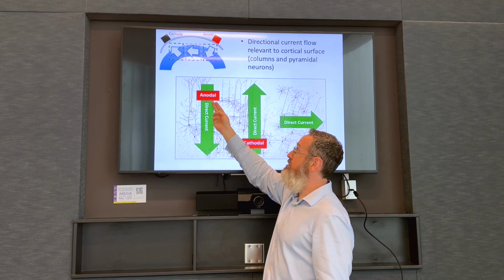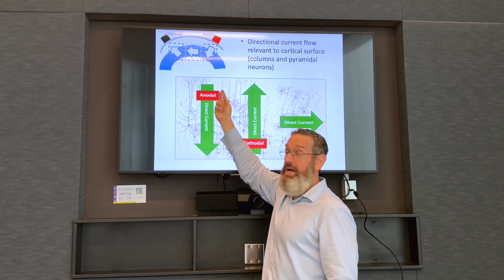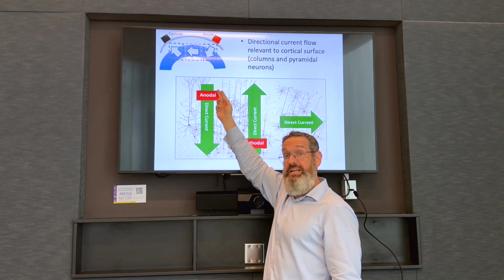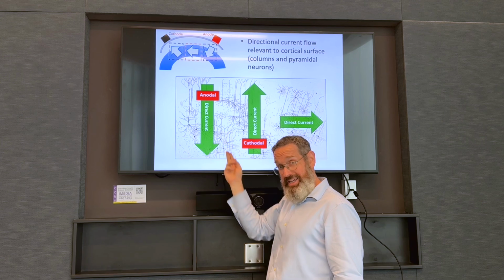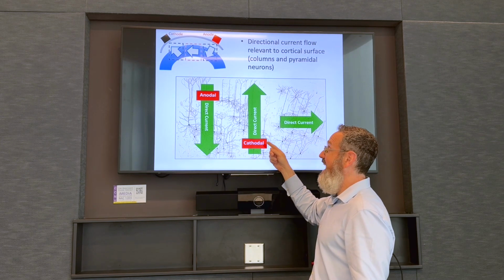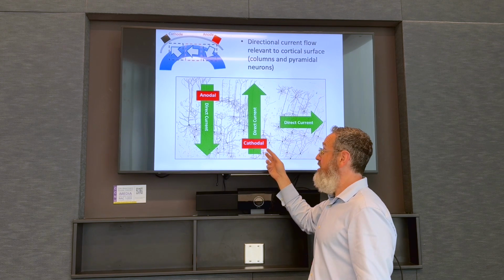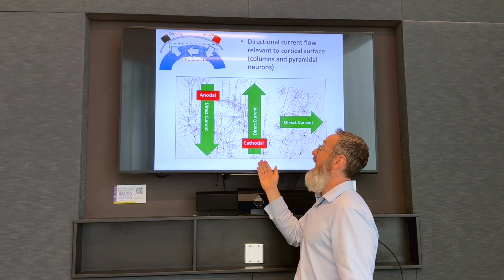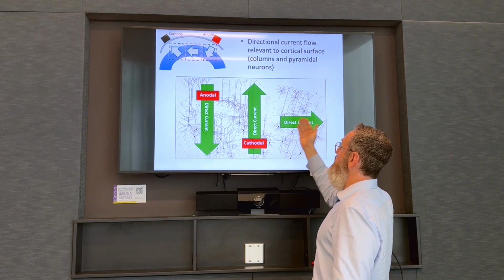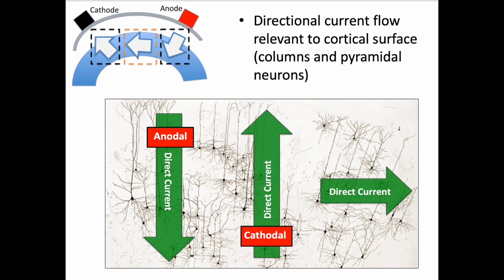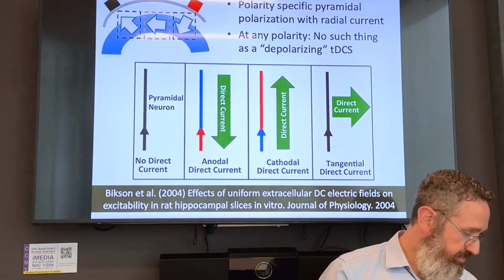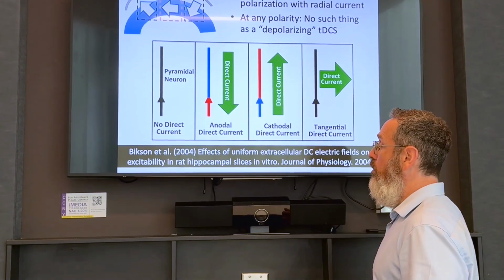So now what I'm showing you is the anodal under the red current direction. Remember, this is heading from the surface of the brain into the brain. Under the cathode, radial direction, but heading in this case out of the brain, and this would be the tangential direction shown here. And it turns out that each of these have a different influence on the neurons as a direct consequence of how they are polarized.